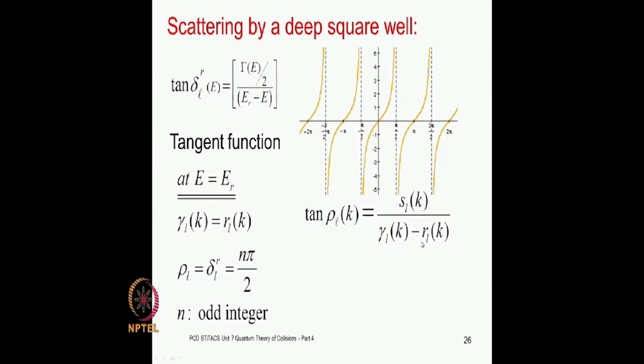So, gamma equal to R is now an equivalent criterion to recognize the resonance condition for a square well scattering potential. So, at resonance, gamma is nearly equal to R. So, that is our conclusion.